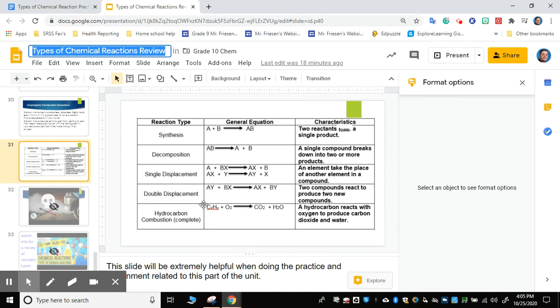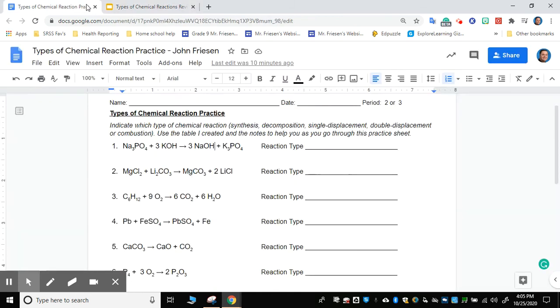Nope. What about a compound and a compound yield a compound and a compound? That's what it's going to be. We'll just put DD. That's all I need. Double displacement reaction.